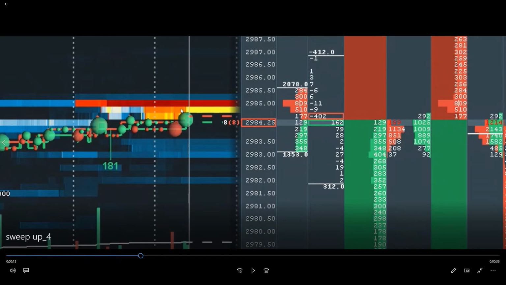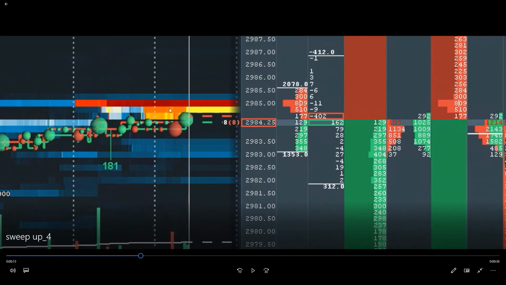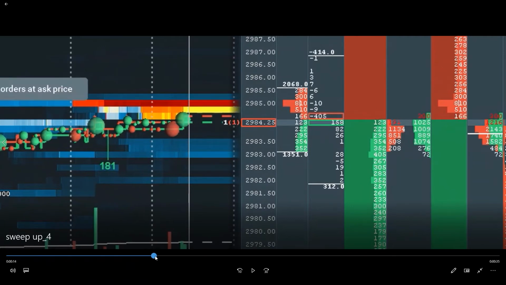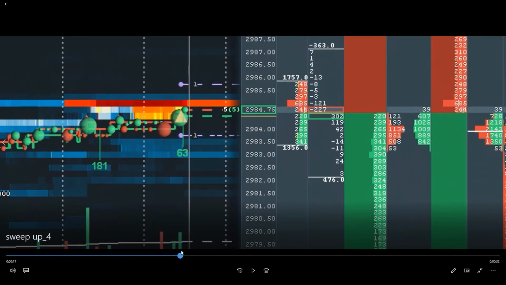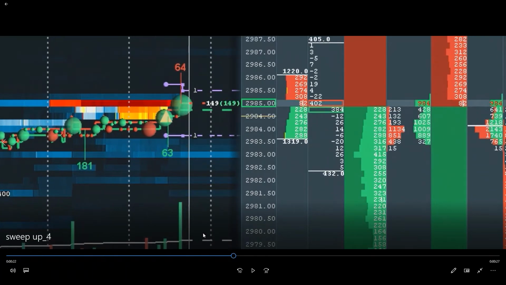These orders are taking some of the liquidity off, you know, from orange getting to yellow. These guys are staying, but for the most part, the liquidity is just going to get taken. So this is one example. On the upside, it tends to happen very, very often.